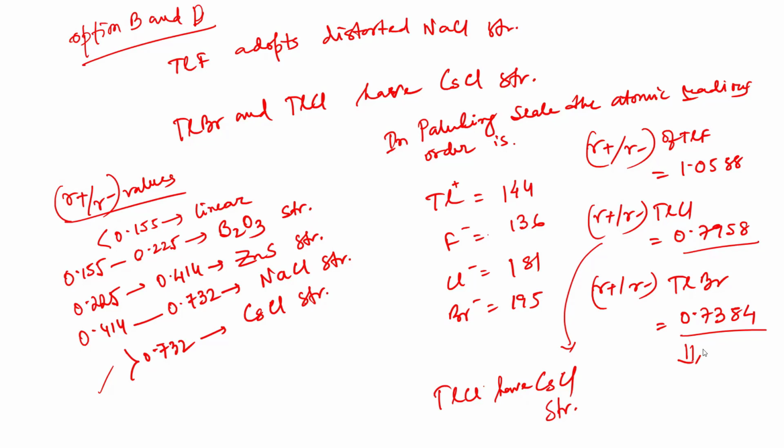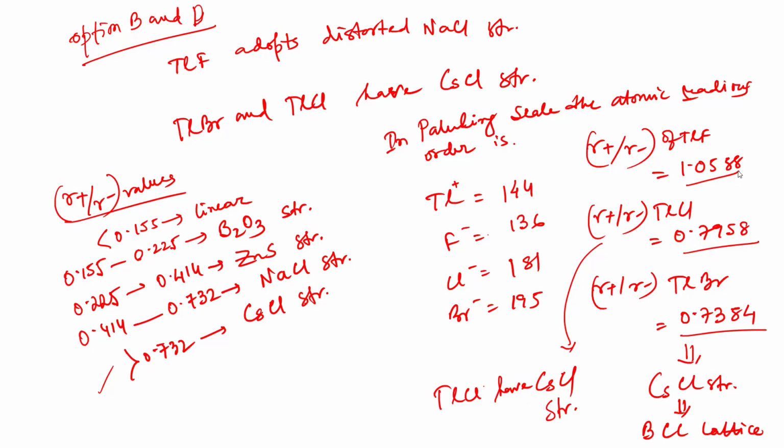Because of the bigger size of bromine, if we put thallium bromide in the NaCl structure, there will be high repulsion between the bromine atoms, so it acquires the cesium chloride structure, which is a BCC type lattice. Now the value of 1.0588 is more than 1, so it would acquire the cesium chloride structure, but because of the smaller size of fluorine, if we put the thallium ion and fluorine ion in a BCC lattice in CsCl structure, then their interionic attraction will be less.